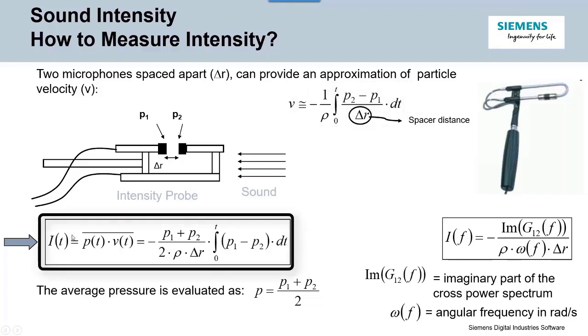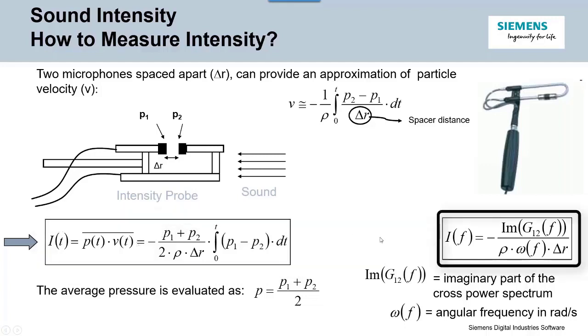Ultimately you can compute the sound intensity based on the measured sound pressures, P, the average of the 2 sound pressures, and the difference in the pressure measured at the 2 locations, which gives you the particle velocity. So this is the formulation for calculating the sound intensity in the time domain.